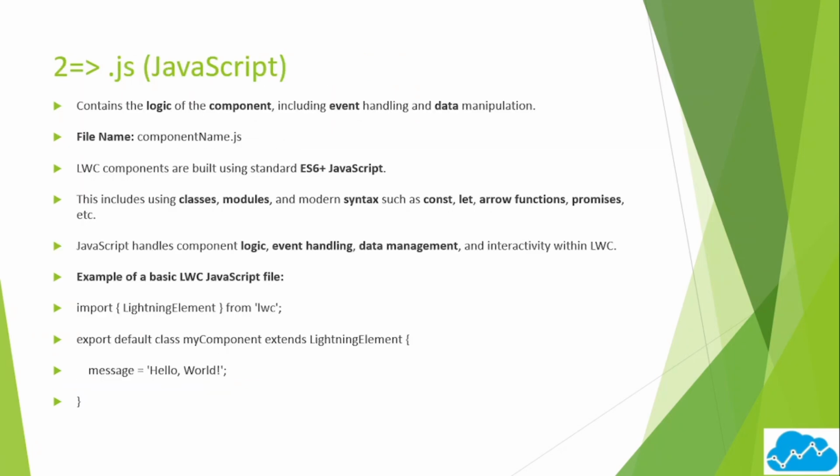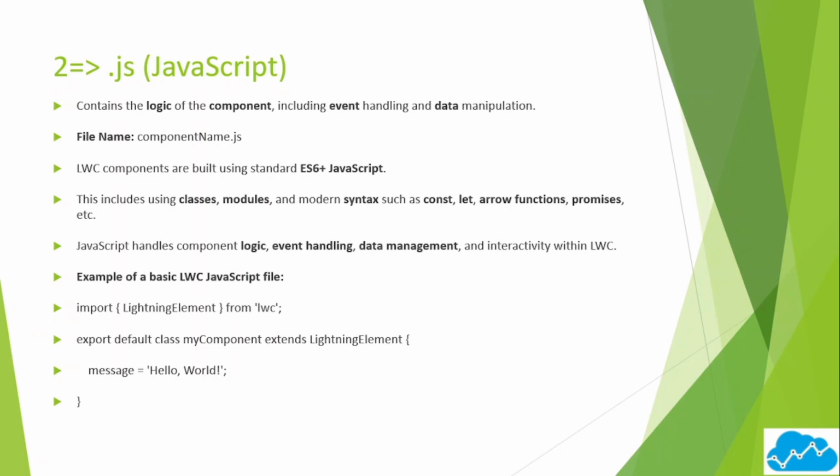JavaScript contains the logic of the component, including event handling and data manipulation. The file name would be the name of your component.js. LWC components are built using standard ECMAScript 6 plus JavaScript.